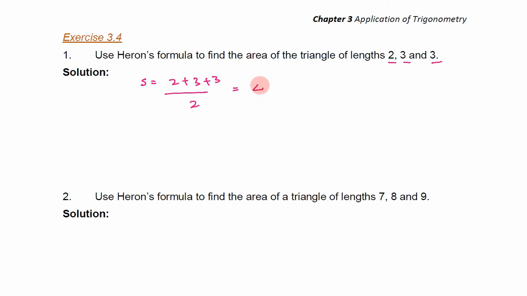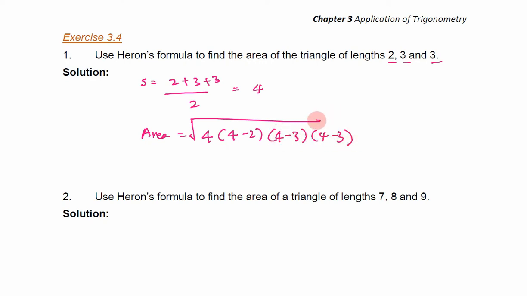So you get 4. So area is equal to the square root of 4 times (4 minus 2) times (4 minus 3) times (4 minus 3). Okay, so you calculate, you get 2 square root of 2, or maybe you can just write 2.8284, ataupun 2.828, ataupun 2.83 also acceptable.